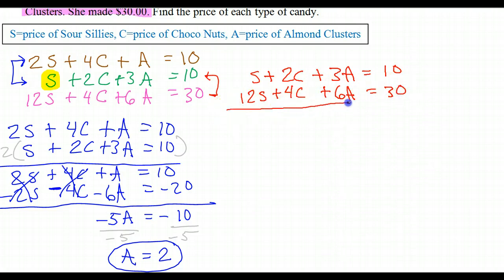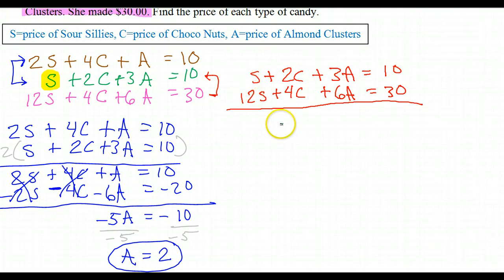All right. Now remember S, that's what we have to target since that's what we eliminated in the previous equation. So if I target that S, it would be helpful if this were a negative 12.